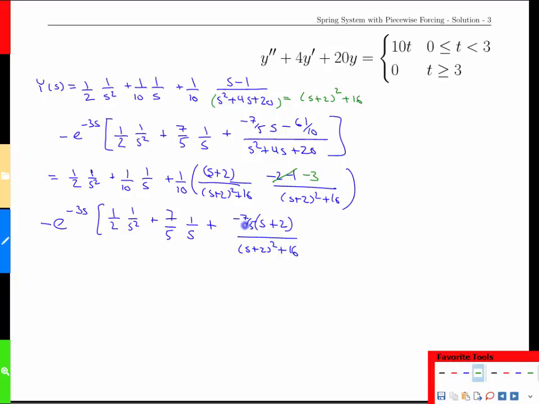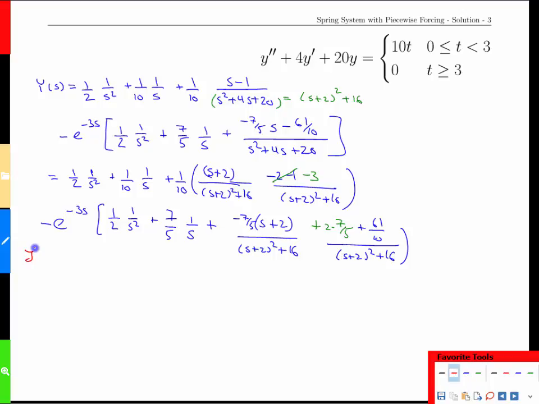What we just did there was subtract effectively 2 times 7/5, so we're going to need to add 2 times 7/5, and we already had a 61/10. All those constants end up over the same denominator of (s plus 2) squared plus 16.